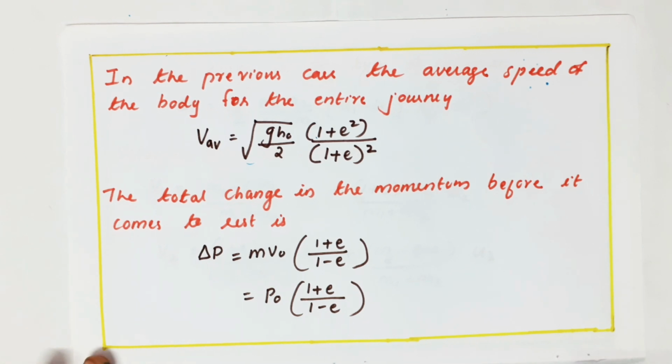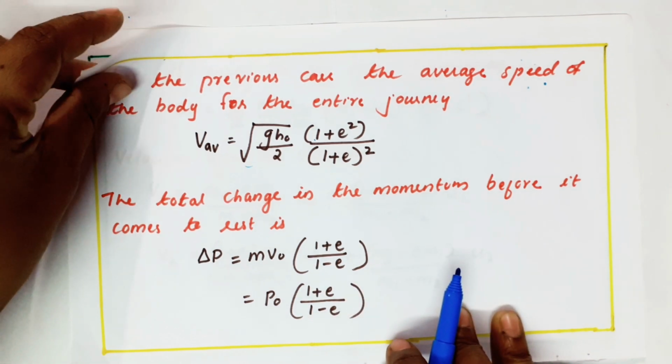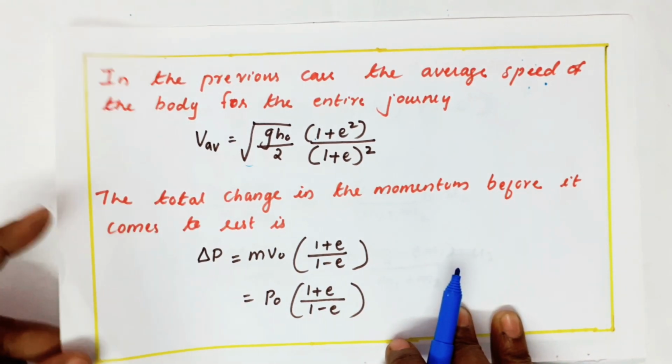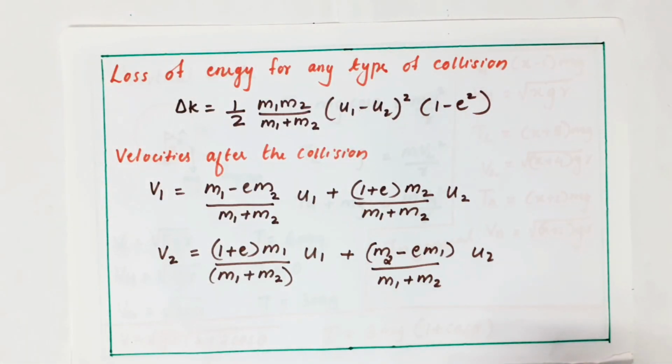V average is root over g h naught by 2 into 1 plus e square divided by 1 plus e the whole square. They can ask what is the change in momentum. The change in momentum is m v naught into 1 plus e by 1 minus e, where m v naught is the initial momentum.